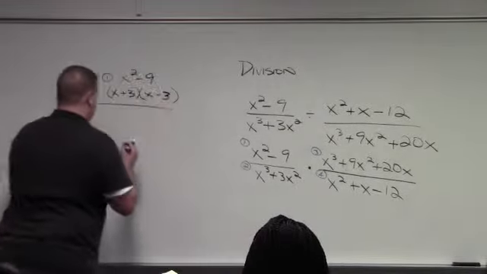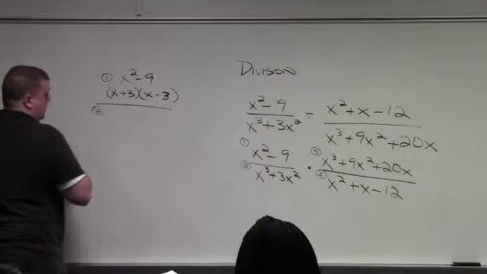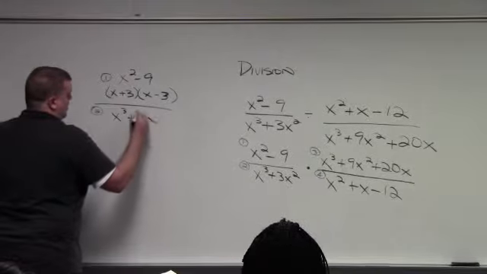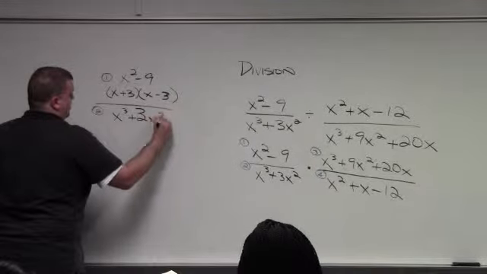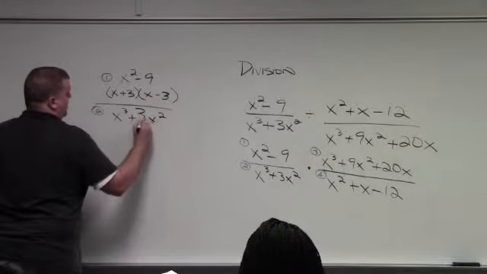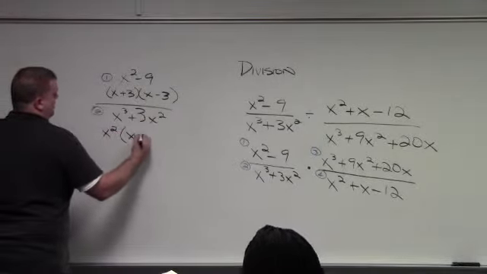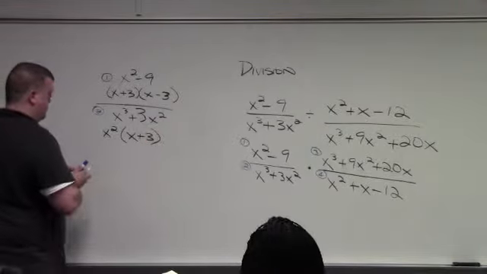Number 2. Factor out the x's. So what kind of factoring is that? X squared, x plus 3. It's just the greatest common factor.